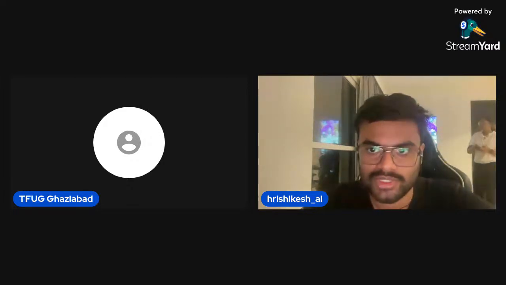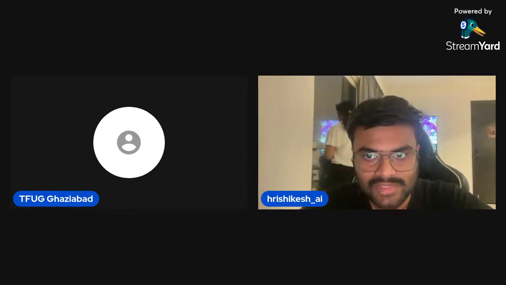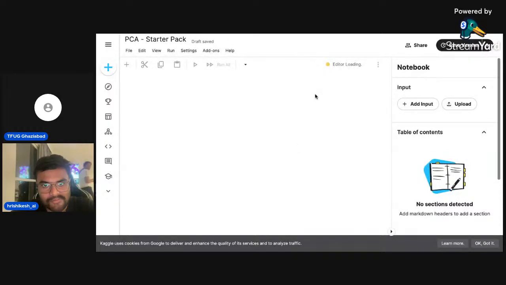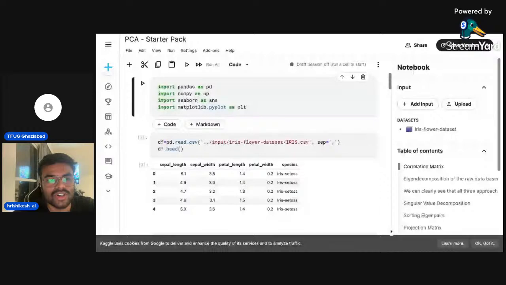So to explore, we'll have a quick walkthrough of all the steps that we have seen. The kernel is just starting. You can click on edit the notebook, or you might get the option of poking it or something like that.